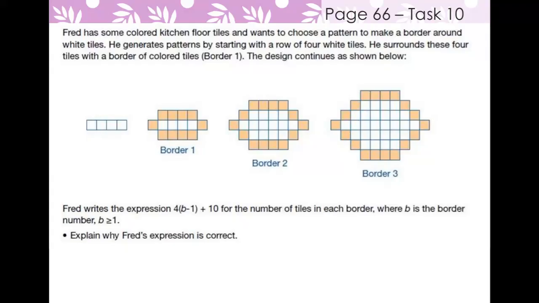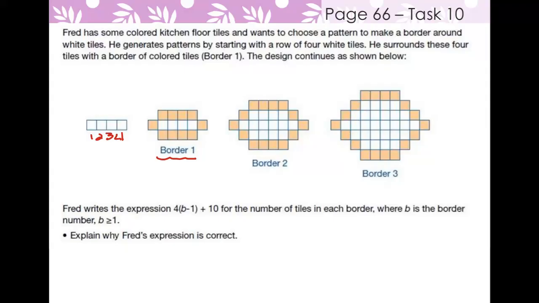He generates patterns by starting with a row of 4 white tiles. Okay, here's my 4 white tiles: 1, 2, 3, 4. He surrounds these 4 tiles with a border of colored tiles. Thus, we have border 1. And the design continues as shown below.